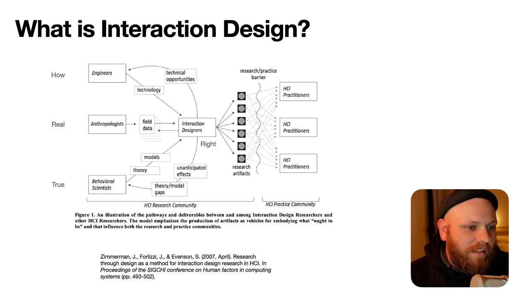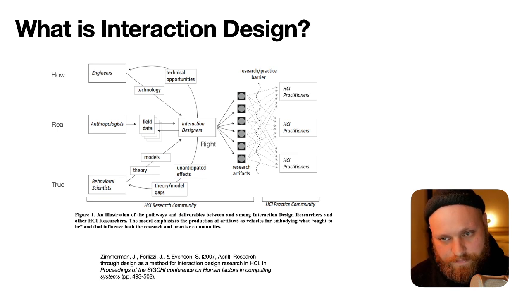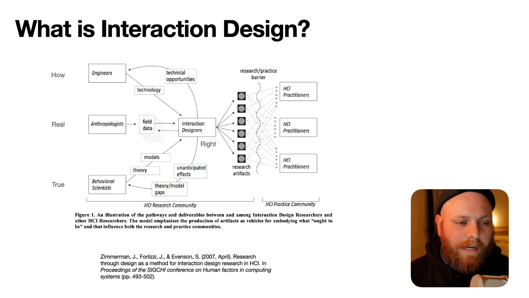But this model of research through design I find really compelling when defining interaction design. So this is obviously given the context of interaction design research. But I think it's a useful diagram for us to unpack a little bit. So there are three tranches of ways of thinking about the world, right?